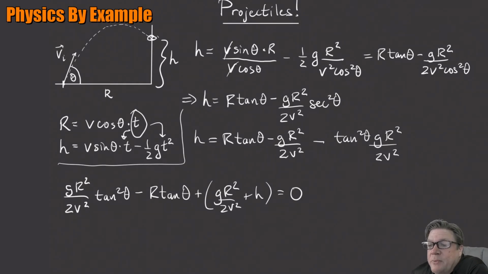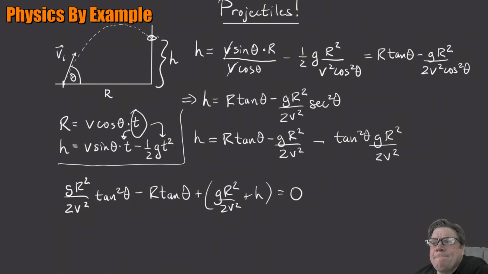There we go. There's my quadratic equation. So I have my coefficient a is the thing in front of tangent squared. My coefficient b is just minus r. Right now, that's kind of cool. And then I've got a constant. It's kind of a complicated constant, but whatever, it's just a constant.